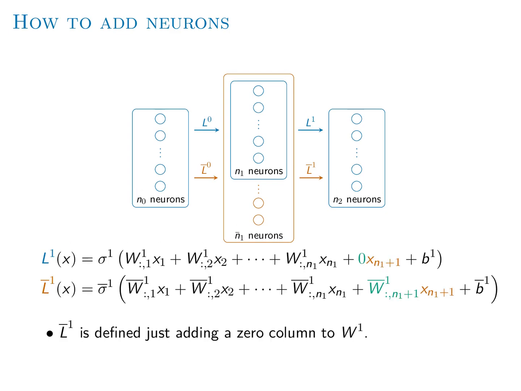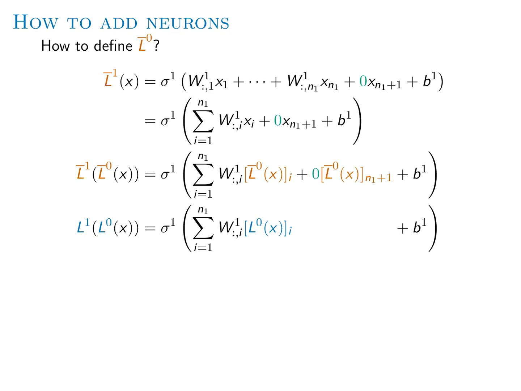Okay, so L1 bar is defined exactly as L1, but just adding a 0 column to the weight matrix. Now, how can we define L0 bar? Let's write what we have. This is the formula for L1 bar we already defined.